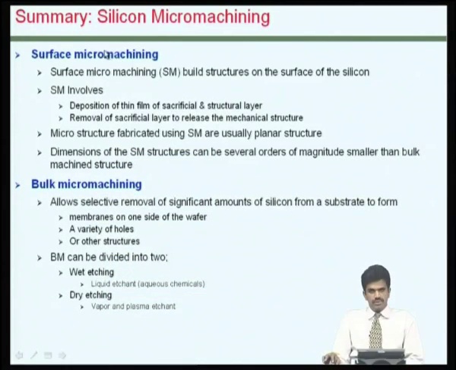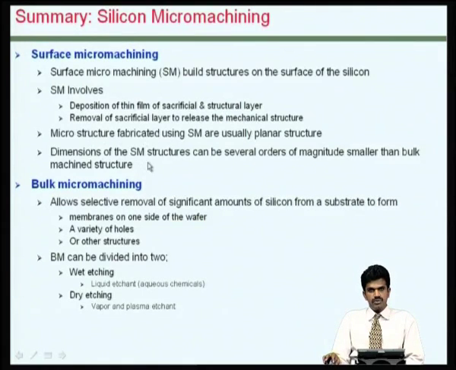Compared to surface micromachining, bulk micromachining allows removal of a significant amount of material and hence larger structures are possible. In both surface and bulk micromachining, dry and wet etching are utilized effectively.